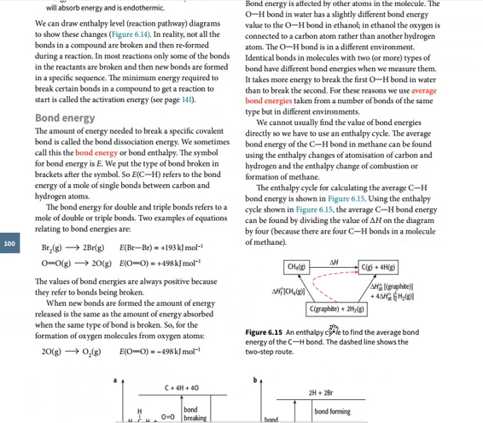Now for an example, let's say that you want to calculate the bond energy in each of the carbon to hydrogen bonds. In order to calculate all the bonds, you need to break down all of this. But this is actually delta H of the reaction. In order to break down this methane, you are going to apply energy and break each of the bonds.